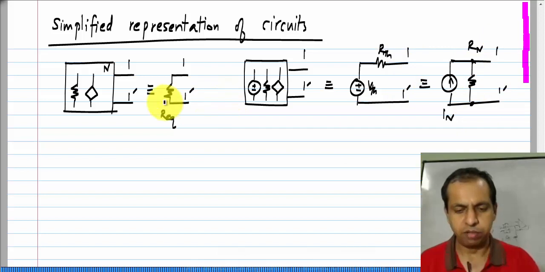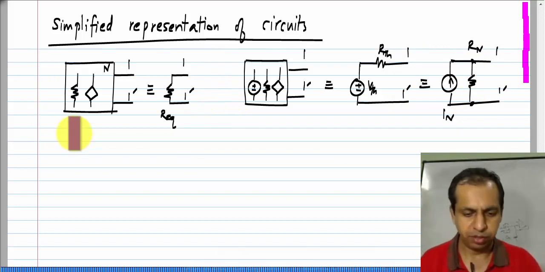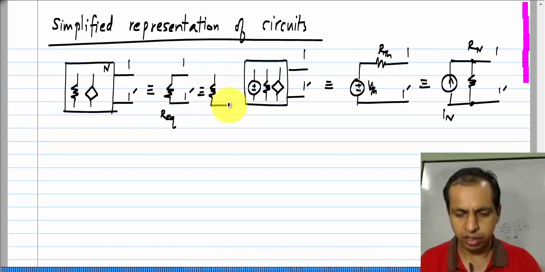And by the way, instead of specifying the equivalent resistance in this particular case, I could also specify the equivalent conductance.